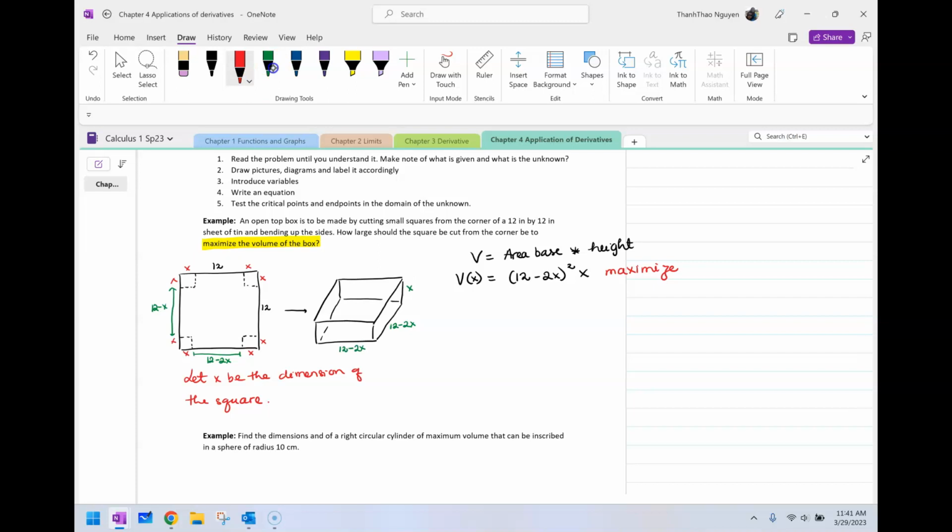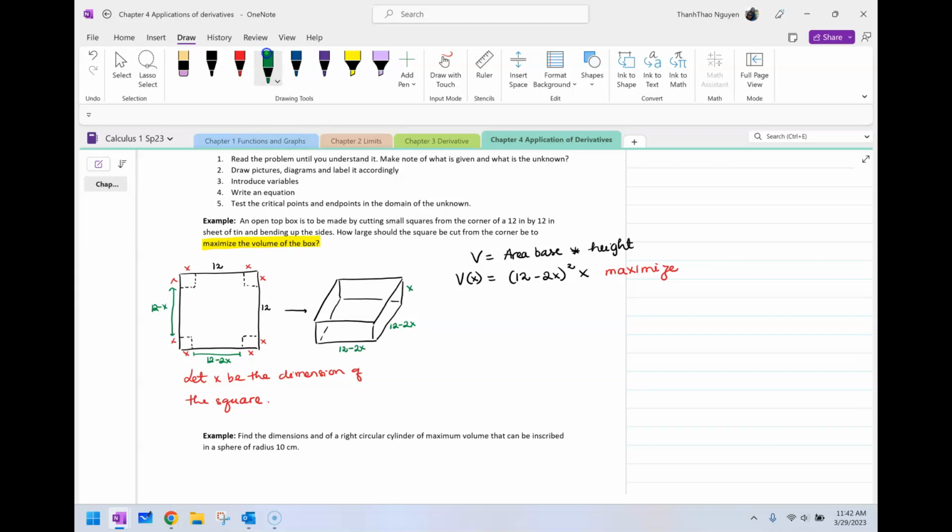Now note the domain of this function. Because the square is being cut from a sheet of tin that is 12 by 12, the value of x varies between 0 and 12. It's going to be less than 12, right?